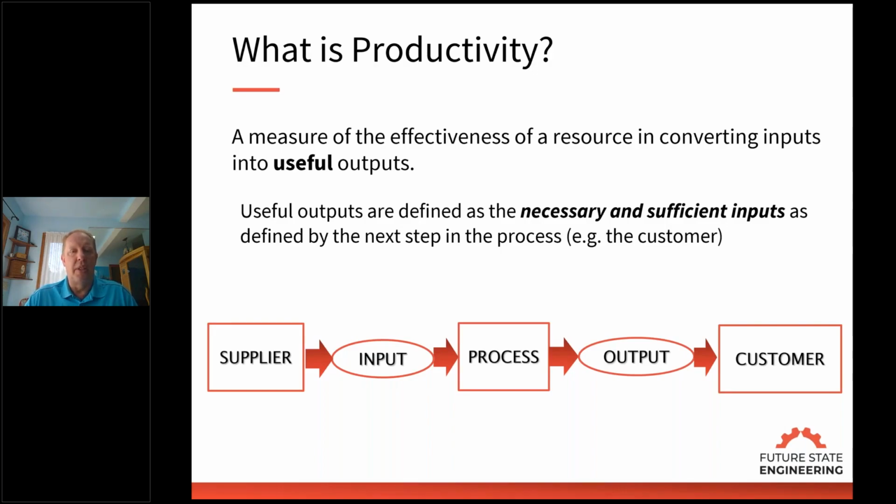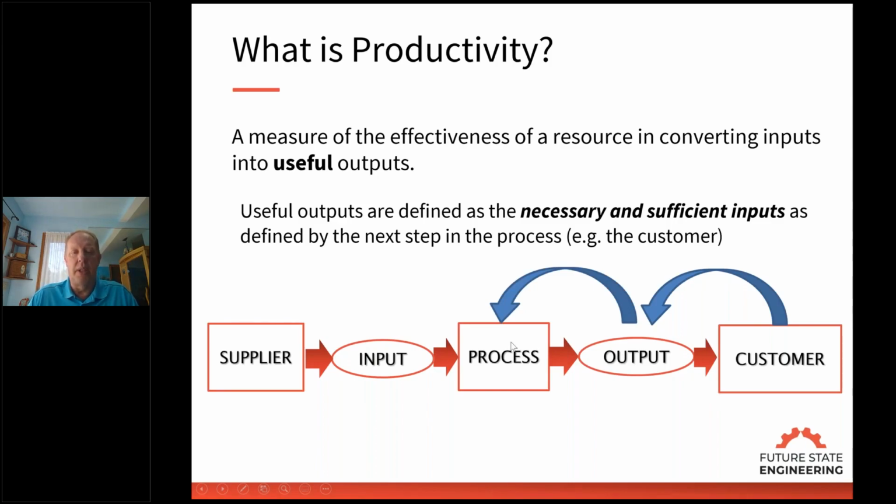Useful outputs are defined as the necessary and sufficient inputs as defined by the next step in the process, what we call the customer. So the customer defines what the needs are, and the outputs are designed to satisfy those customer needs. Then those outputs are the input to the process. So what do we need to satisfy the customer needs?